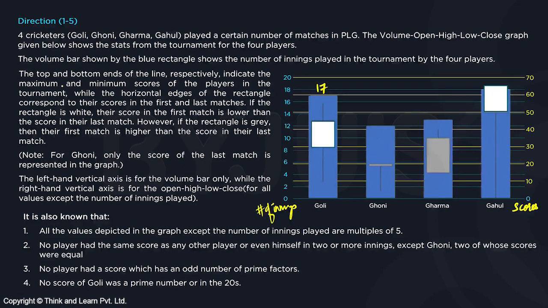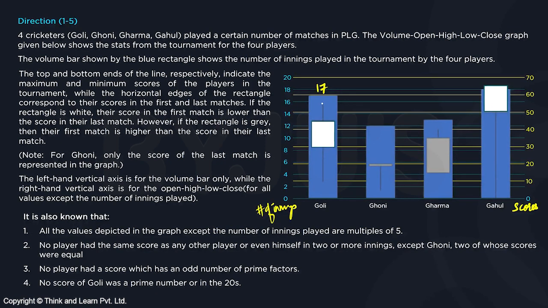Now, the top and bottom ends of the line. So we see the line here, right? So the top one represents the maximum score of Goli, and the bottom one represents the minimum score of Goli. Now, these are the scores which have to be read on the right hand side.